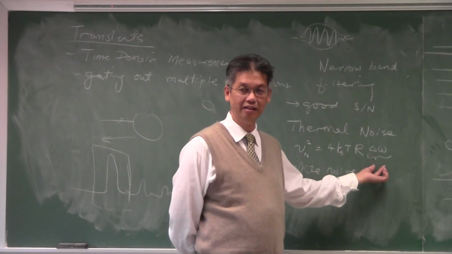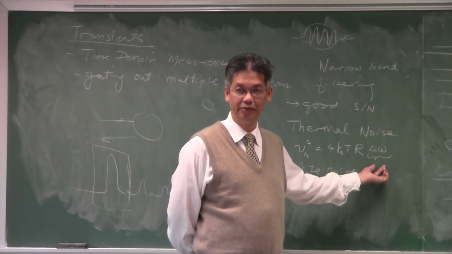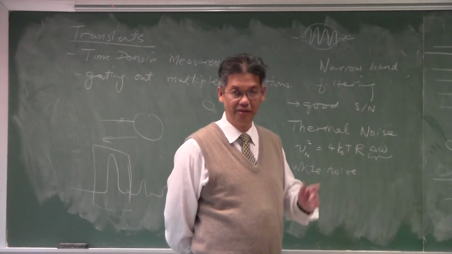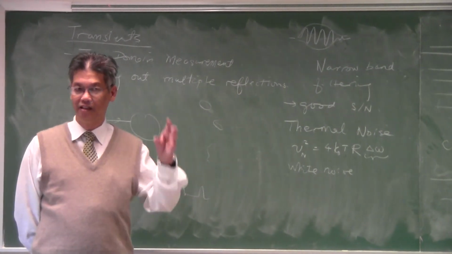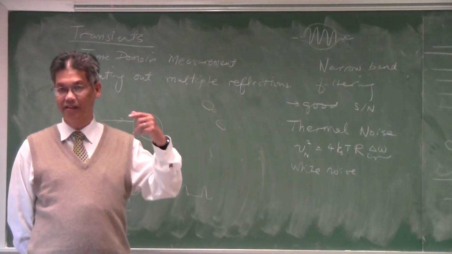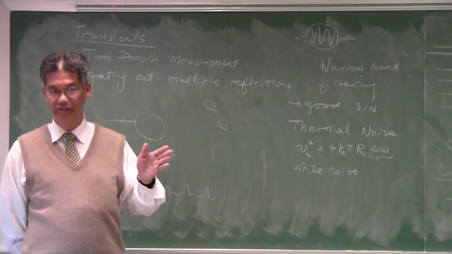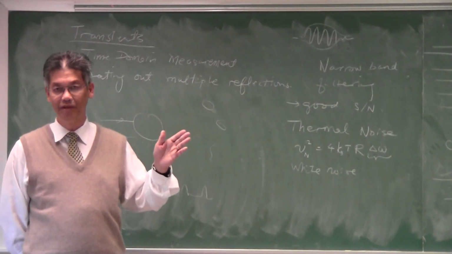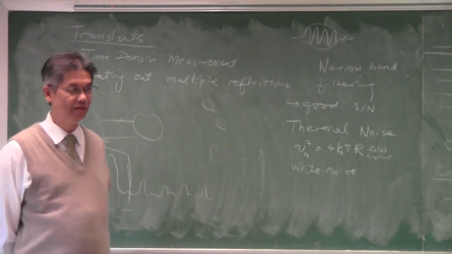You can make the measurement system have as narrow a bandwidth as you want by just measuring over a long time scale. As long as you have a very stable oscillator, the local oscillator is very important. The local oscillator has to be stable and generate a time harmonic signal over a very long time scale, and you can use the stability of the local oscillator to average out any thermal noise also.